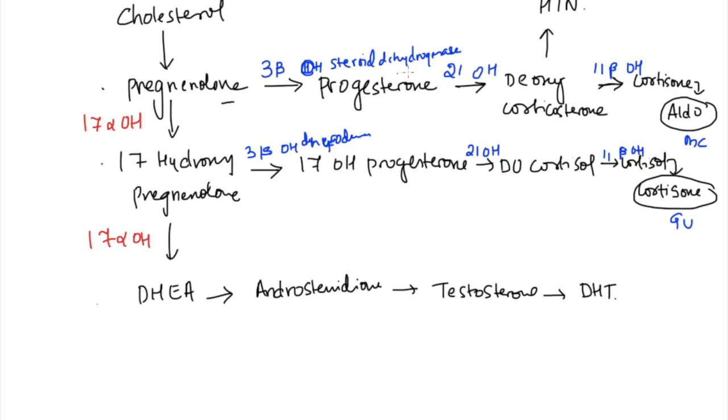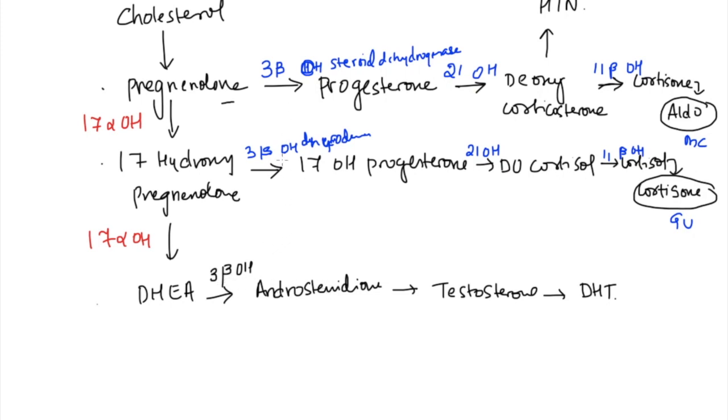So you'll have both mineralocorticoid deficiency and glucocorticoid deficiency, which is similar to 21 hydroxylase deficiency. But for this conversion of DHEA, you need 3 beta hydroxylase. This deficiency will occur, right?